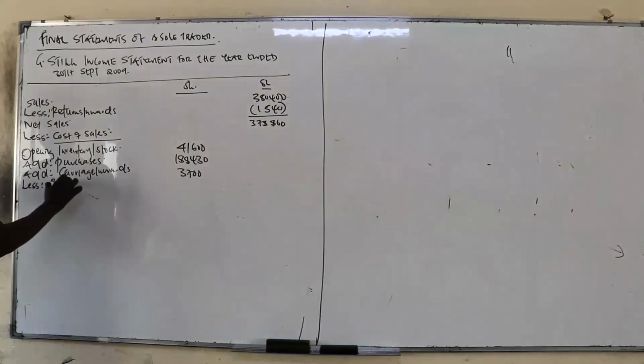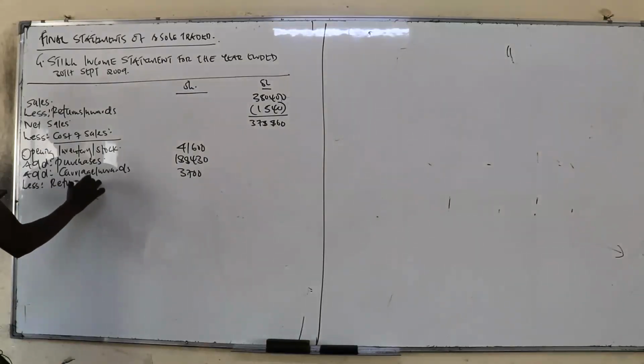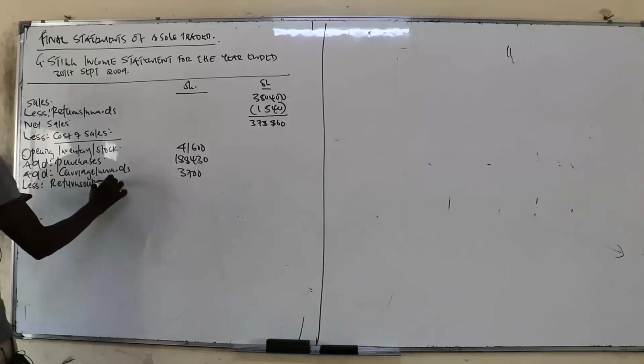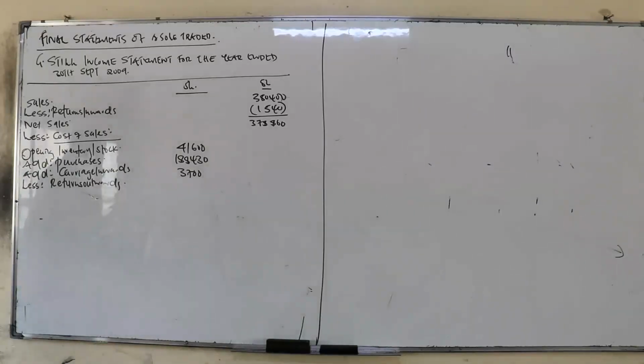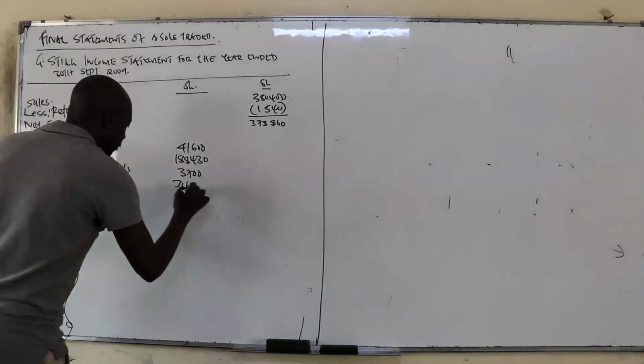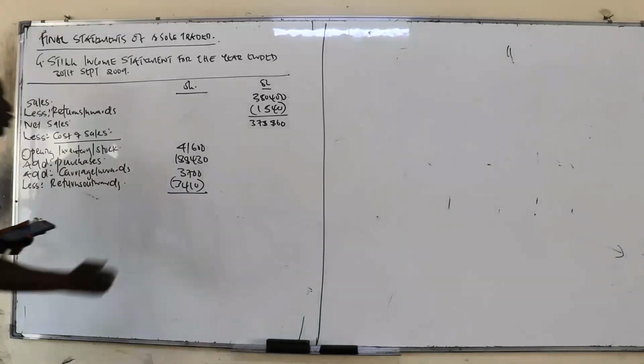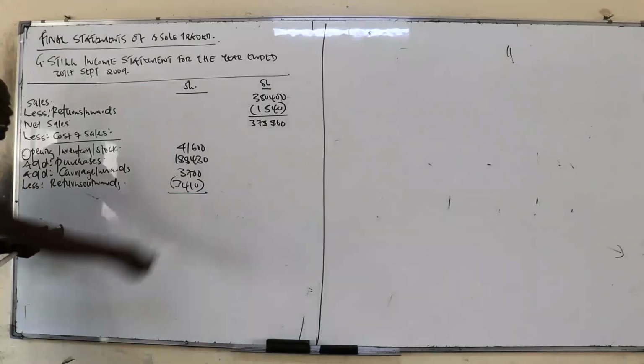And then you less returns outwards. We said returns outwards are goods that you're returning back to the supplier. In this case, it's 3,410. You less 3,410 here. So these two items are part of purchases.